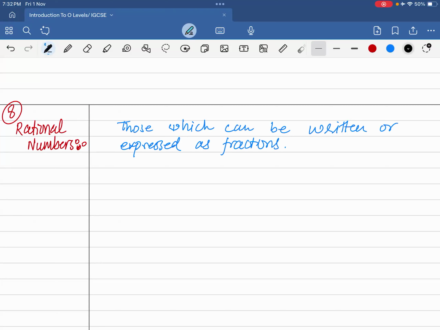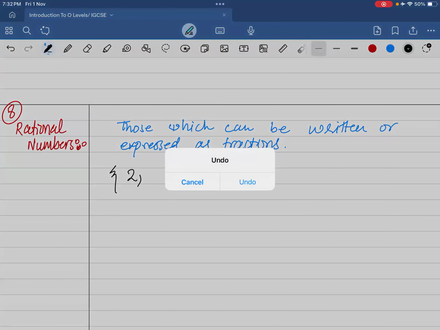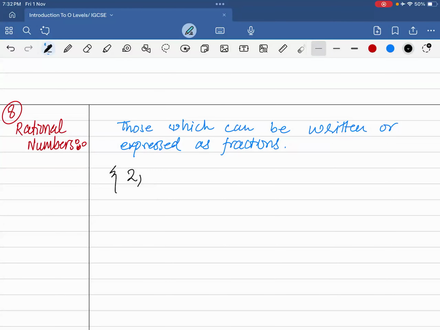So Ramin, can I say that 2 is a rational number? Yes, I can, because I can write 2 as 2 by 1. Yes, 2 is a rational number. A fraction is a rational. Agree? A fraction like this is a rational.